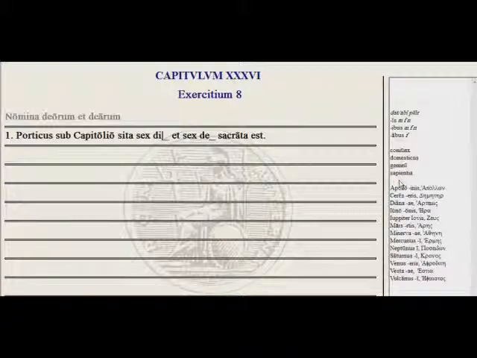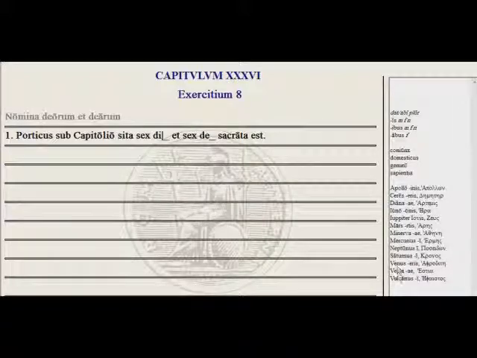Down here we have all the names, and so you can see the ones that may give you trouble, which are the third declension names, like Apollo, Apollinis with an -inis ending, and then the Greek name Apollon next to it, and Ceres, Cereris in the genitive, and that is Demeter in the Greek.